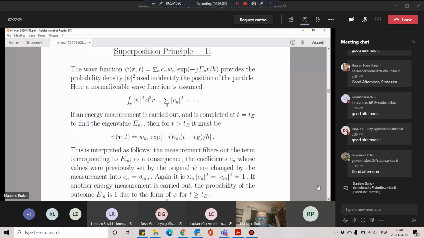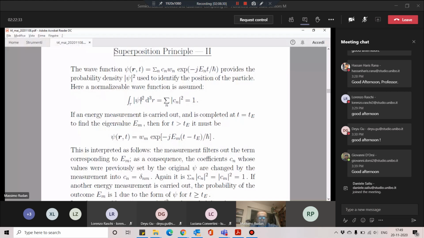The equality, integral equal to the sum, comes from the Parseval theorem. That the sum is equal to 1 comes from the normalization. Okay, so we have a set of complex numbers such that their squares add up to 1.